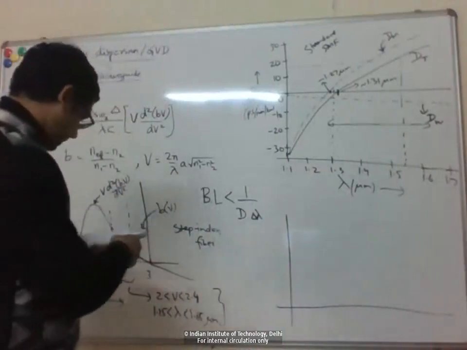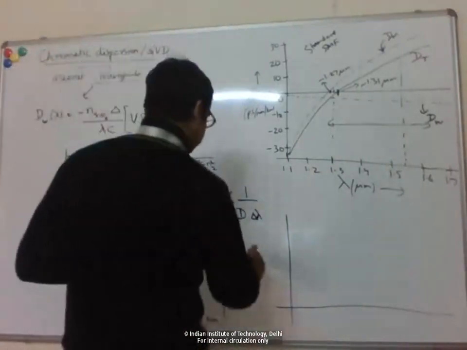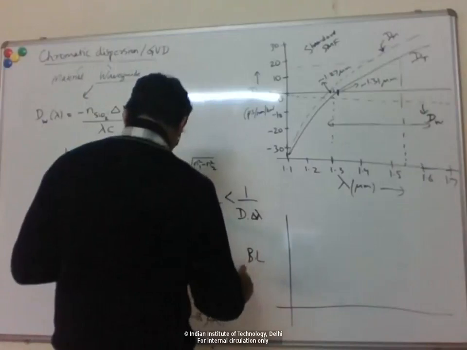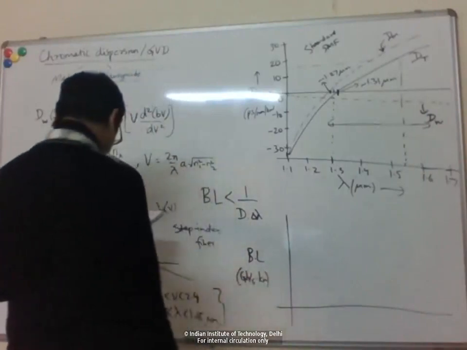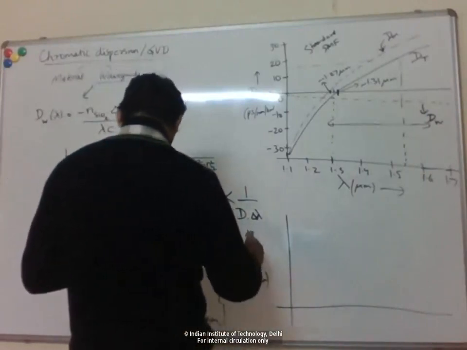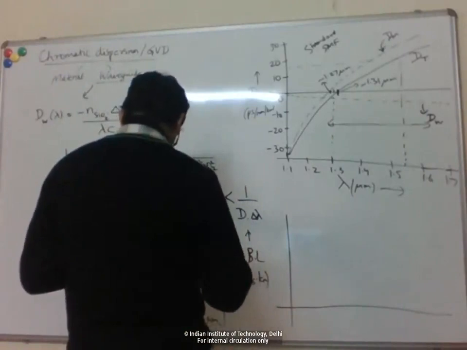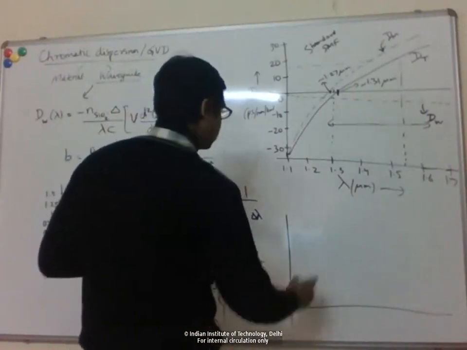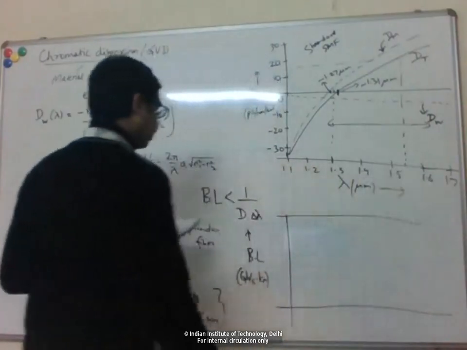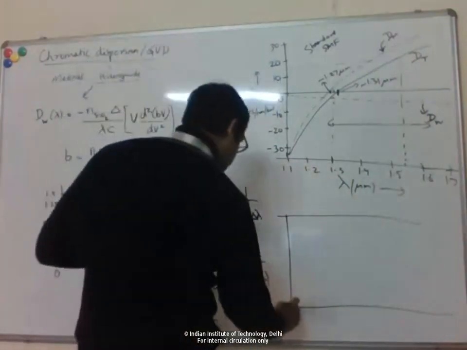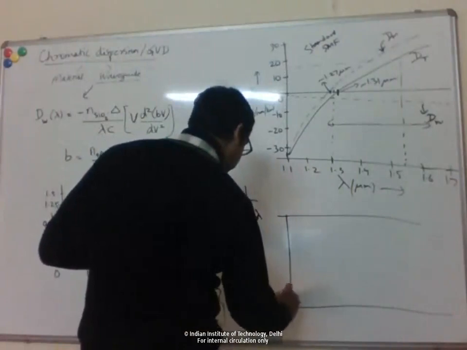If you plot this quantity B times L, in gigabit per second kilometer, the x-axis is the same scale as this axis, wavelength.